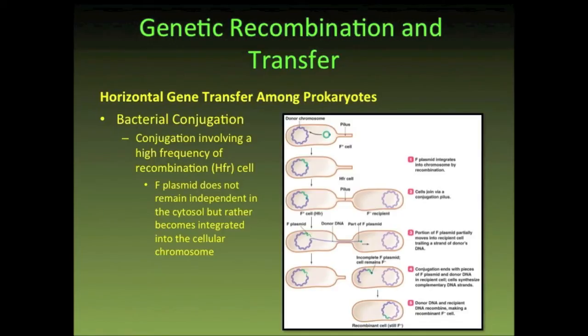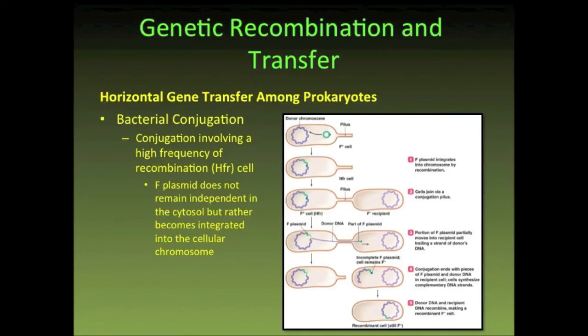The F factor separates in the middle, and a portion of the F factor leads the chromosomal genes into the F- cell. Often the chromosome breaks due to the physical separation of the cells, resulting in only a portion of the bacterial chromosome and F factor being transferred to the recipient. The lack of a complete F factor prevents the recipient from being able to produce pili and therefore remains F-.